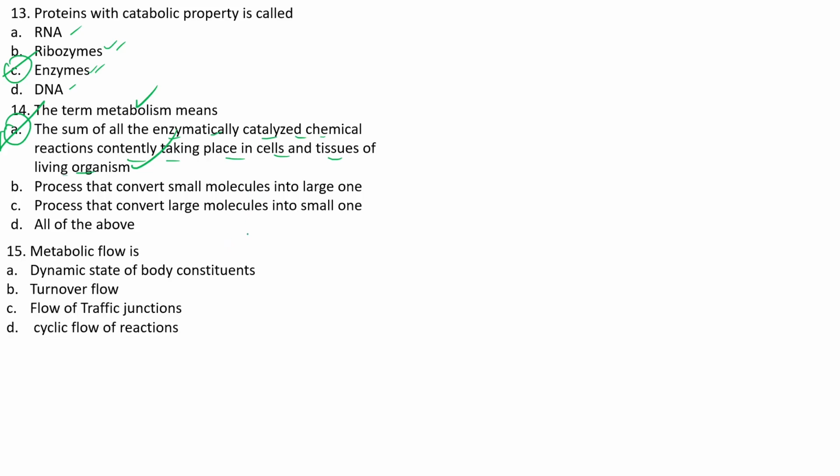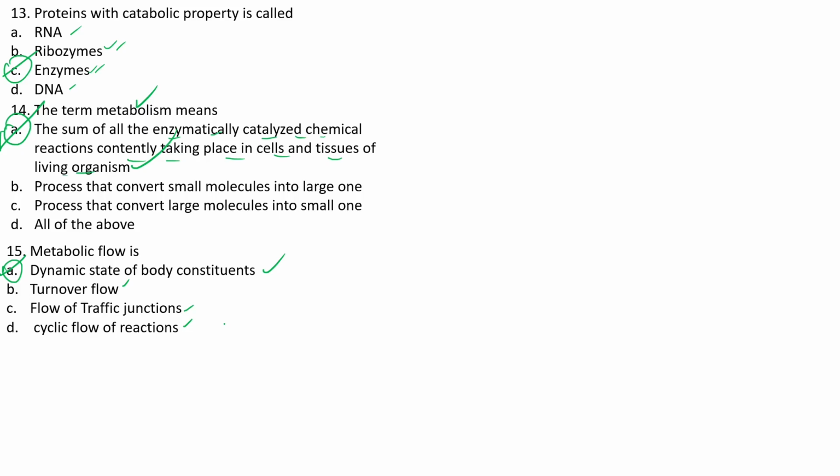The next one: metabolic flow is the dynamic state of body constituents, turnover flow, flow of traffic junctions, or cyclic flow of reactions. It is mainly the dynamic state of body constituents, right? We have discussed that metabolites will be constantly moving from one metabolic pathway to another through traffic junctions, and there is no traffic jam occurring at any moment of the pathway, right?